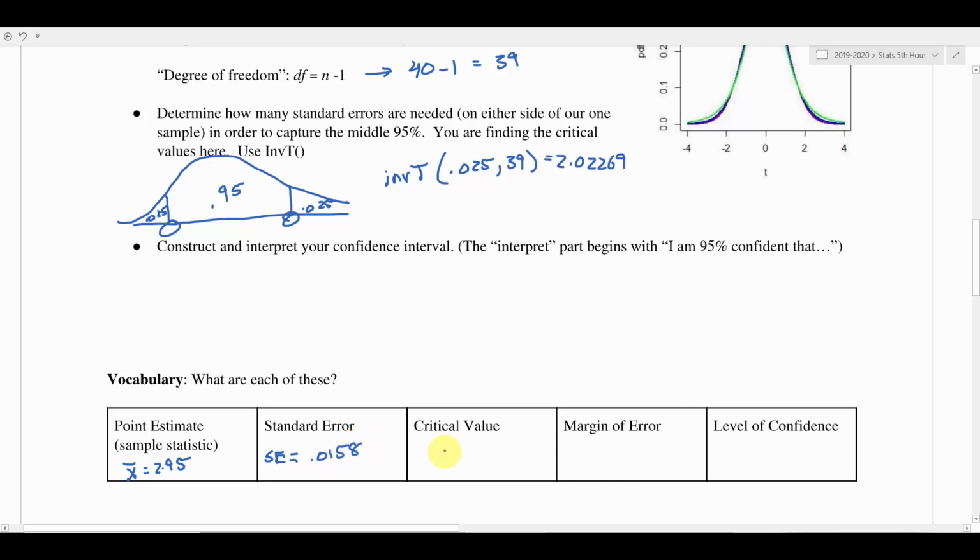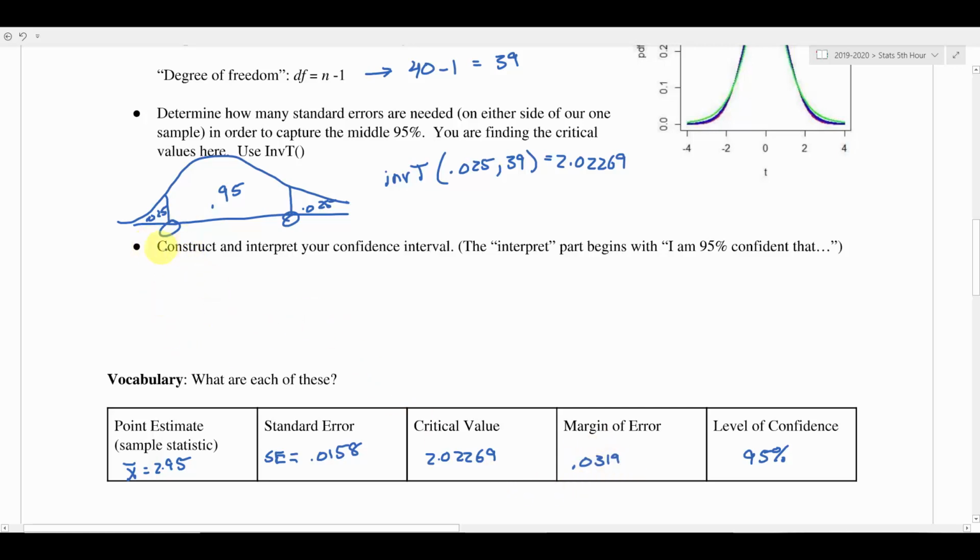Our critical value, we just found with the inverse t: 2.02269. Our level of confidence is 95%. To calculate our margin of error, we multiply standard error times critical value, and I got 0.0319. That's my margin of error.